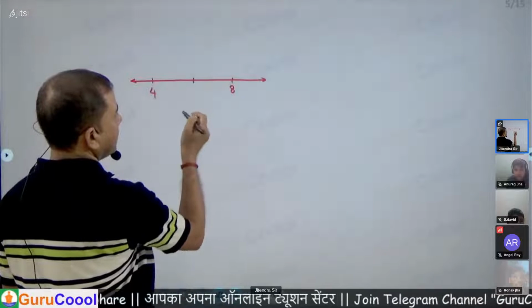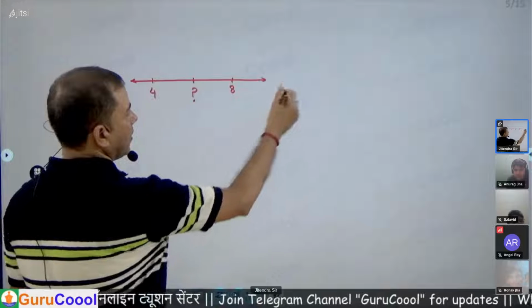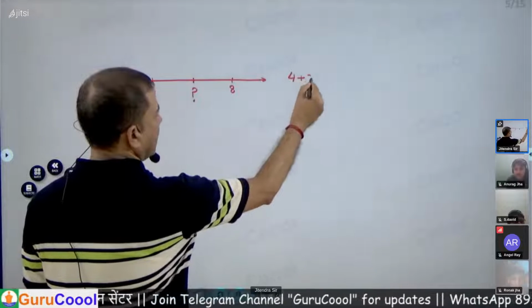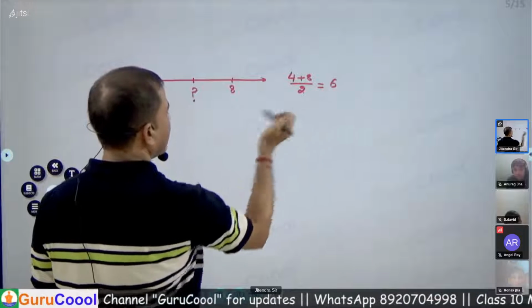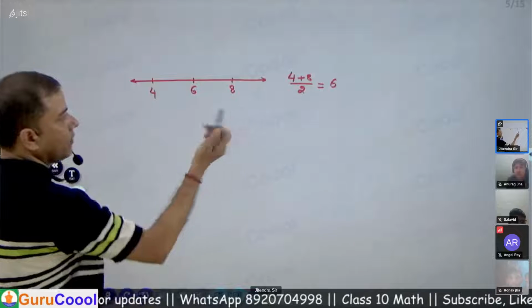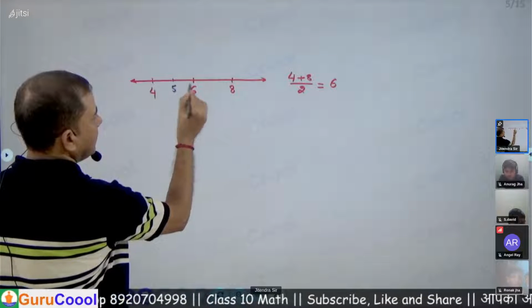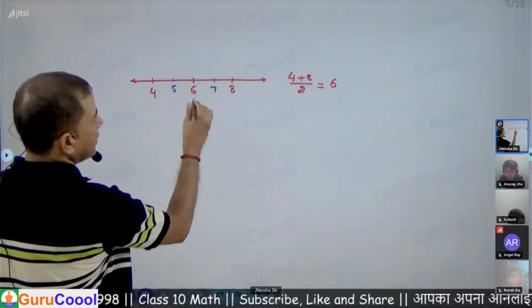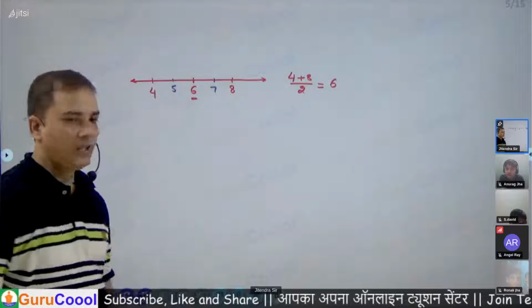The central number we want to find between 4 and 8, so add 4 and 8, divide by 2, you will get 6. This number is 6. Check if the method is working or not. Here it is 5, here it is 7. See, 6 is the central number between 4 and 8. Yes or no?